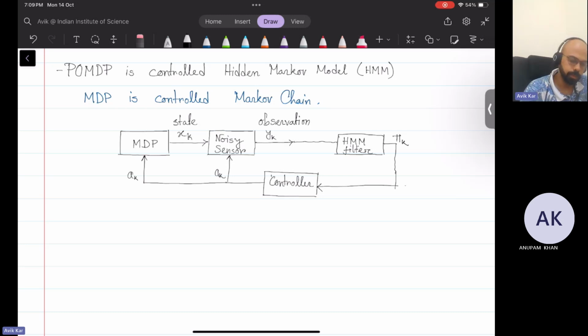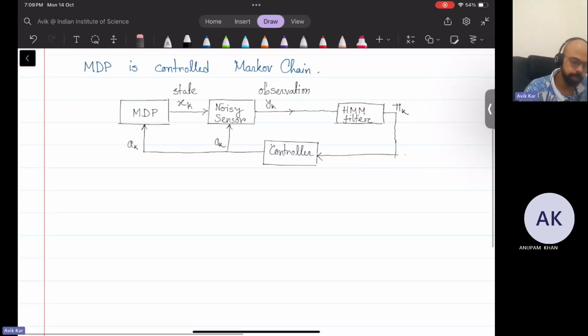Now, this belief state has a big role. I'm coming to what that role is. It is also called the posterior.